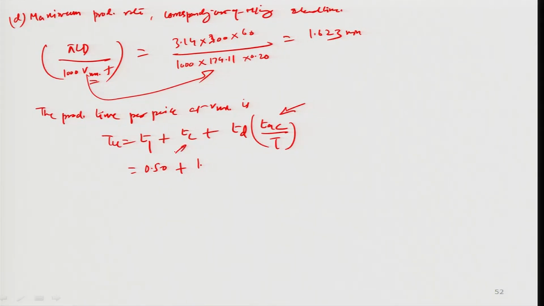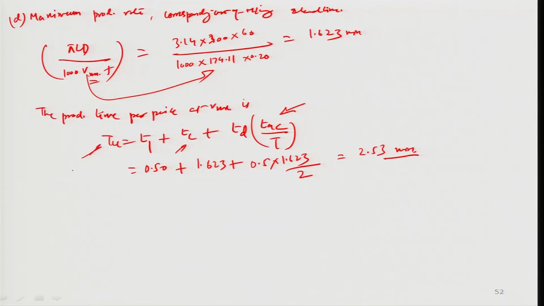Tc has been calculated as 1.623 minutes, just in the last step, plus Td, which is 0.50 times TAC, again Tc 1.623, divided by T max, which in this particular case is 2 minutes as calculated earlier. So, divided by 2, and this is recorded as 2.53 minutes per component.